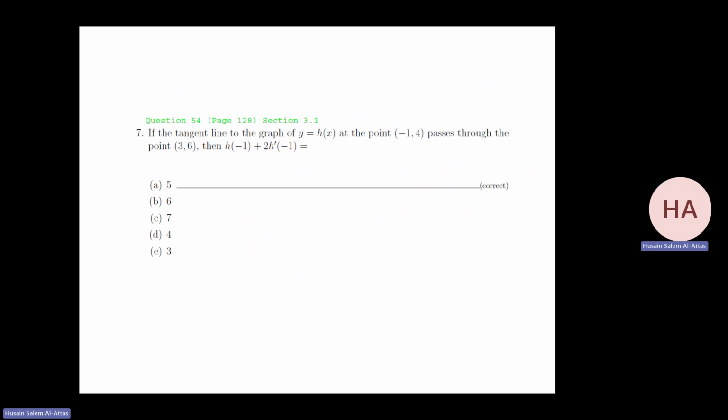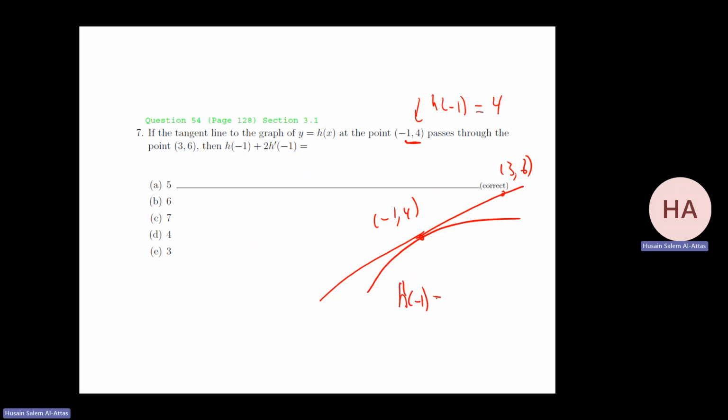Same idea, I'm doing it again and again. It's okay. Here, this is the tangent line at minus 1 and 4, and it passes through another point, 3 and 6, which is here. So what is h at minus 1? From here, h at minus 1 equals 4. Now, h prime at minus 1 will be the slope of the tangent at x equal minus 1.